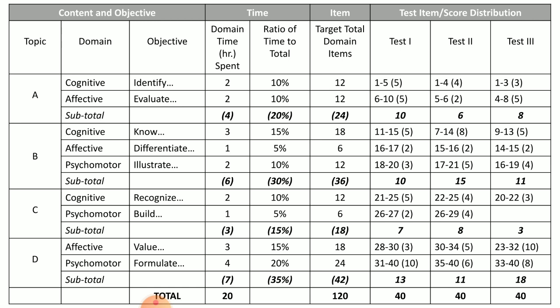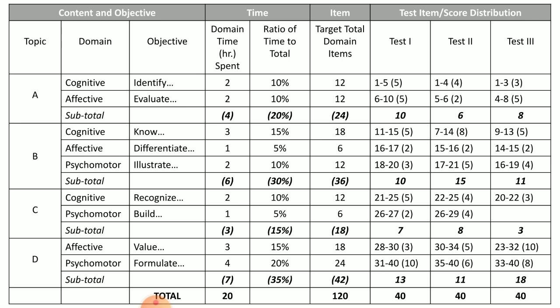Then we have the ratio of time to total. So in here, we need to get the ratio or the percentage between the total time and the domain time spent. So for example, under topic A, under cognitive, we have spent 2 hours. So all in all, we have a total of 20. So we need to get the percentage of that.